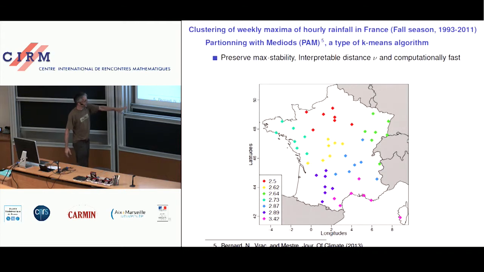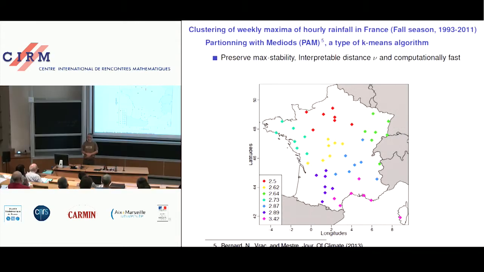At the end of the day, you can find the details in this paper, but you get this map. I'm not going to speak about the colors, but what I want to tell you is that it's very surprising. Because what we did with this algorithm, if you think about it, we just gave the algorithm the rainfall data itself.